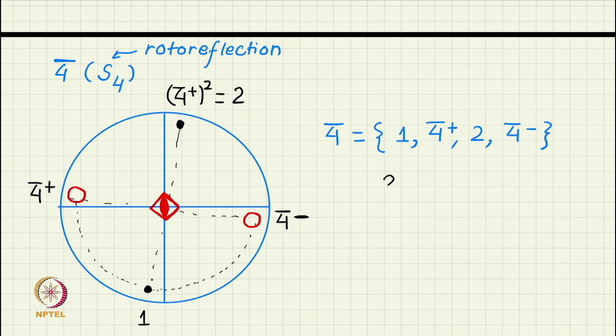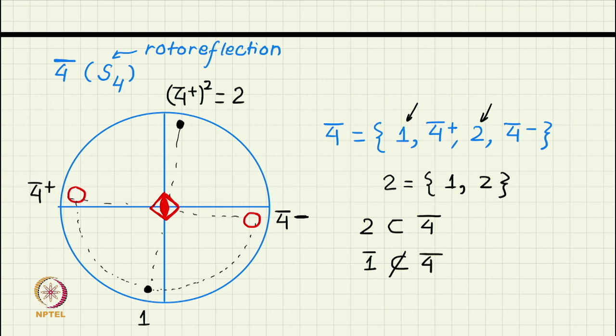You can see that two-fold group 2 is 1, 2, and both 1 and 2 are there in 4 bar. So, 2 is a subgroup. We can write this like this: 2 is a subgroup of 4 bar. But inversion center is not there. There is no 1 bar operation, and in the stereogram also you can't invert the points. So, 1 bar is not a subgroup of 4 bar.